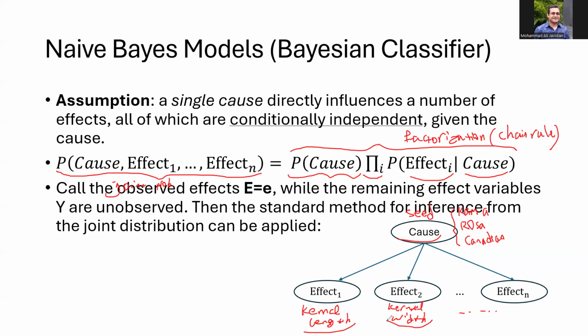Based on this evidence, we want to compute or estimate the probability of how likely this seed belongs to one of these three classes: Gamma, Rosa, and Canadian.